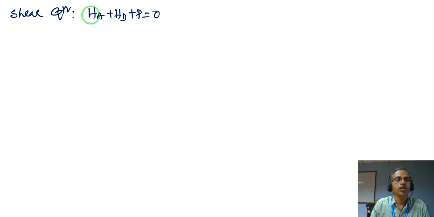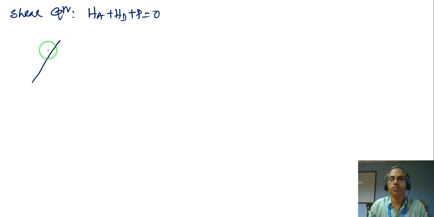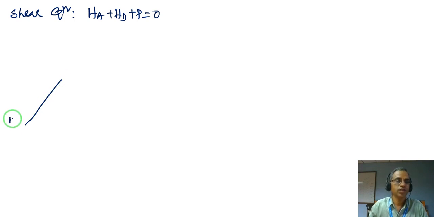So what is HA? HA can be obtained by taking the equilibrium of the member AB. If you look carefully, this is member AB. Maybe somewhere here I draw: this is A, this is B. At joint A there will be a vertical reaction, VA or RA, and a horizontal reaction called HA.